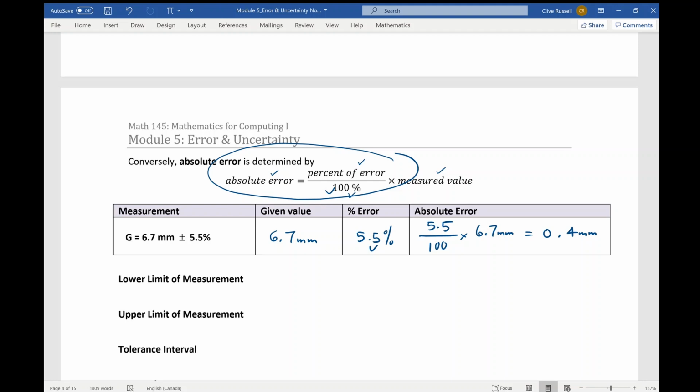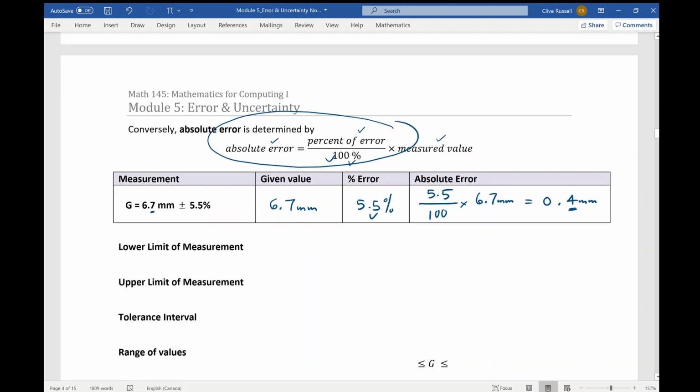Right? Now, why are we going 0.4? Well, remember, when you have absolute error, you have to match your place value. So we have 0.4, so that's in the tenths place, and here we have tenths place also. So we're matching the precision.